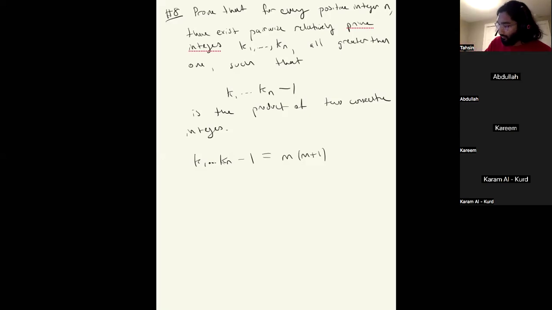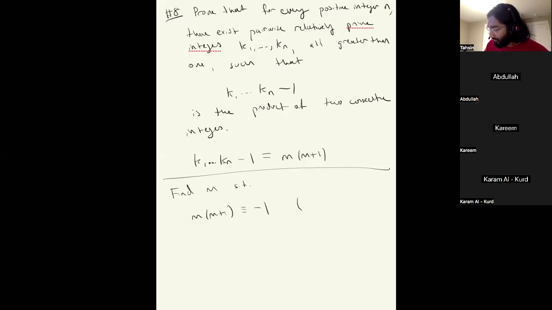Great. Yes, this is the first key observation, right? You can sort of flip the problem around. Instead of finding k, you find m, right? And what you have to do is find m such that m times m plus 1 is congruent to minus 1 mod p for at least n different primes p.